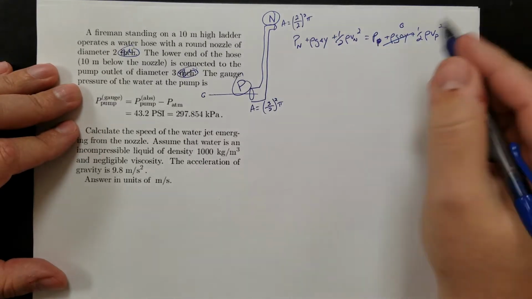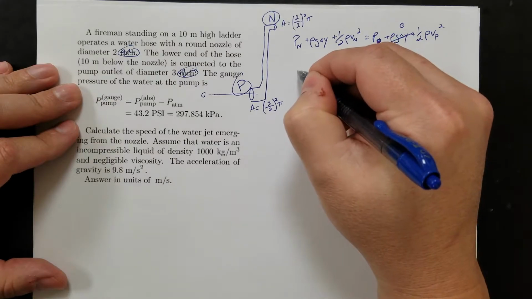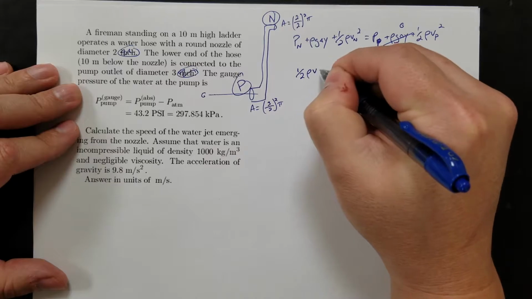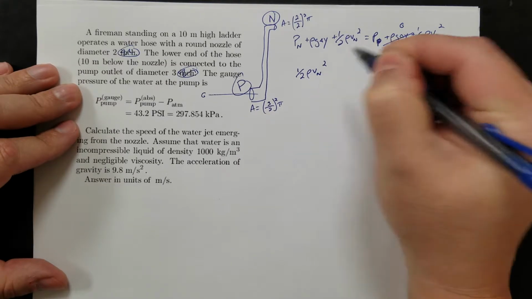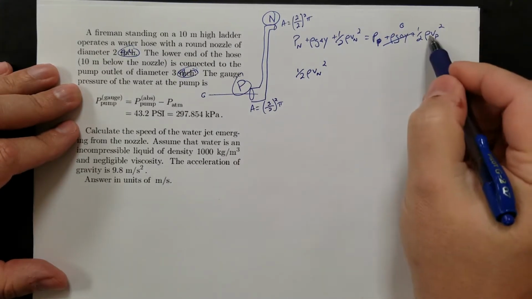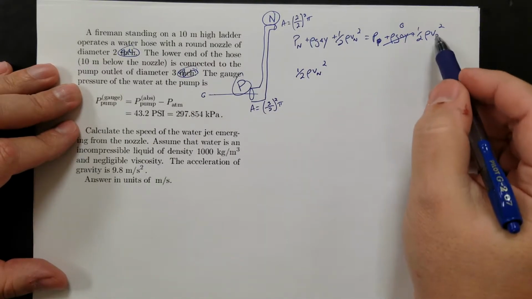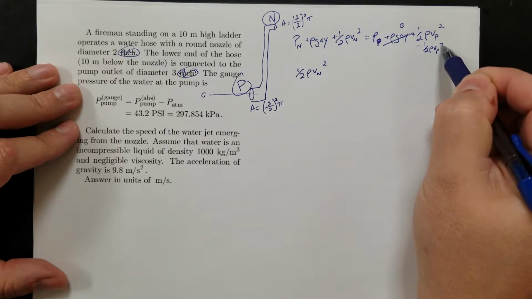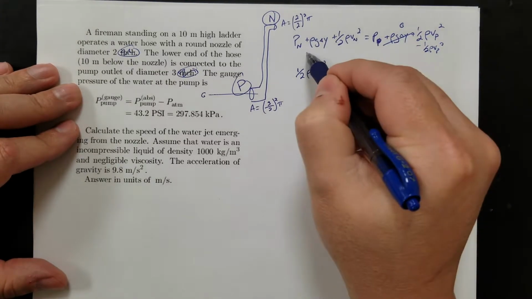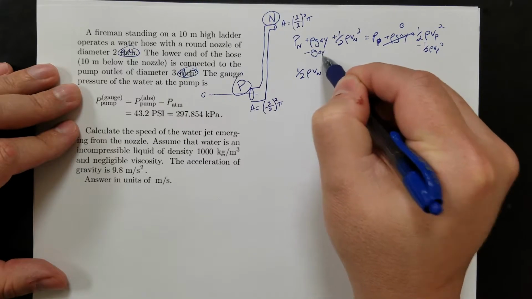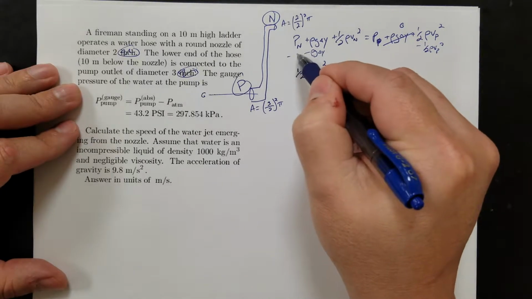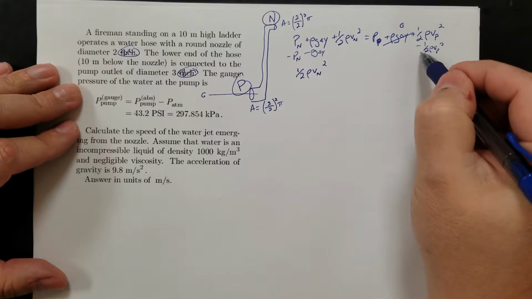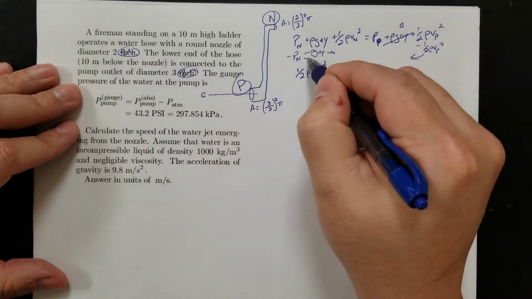That's going to give me 1/2 rho v nozzle squared. And I'm going to combine the velocities, so I'm going to subtract 1/2 rho v pump squared, and subtract rho g delta y over to the other side, and subtract the pressure from the nozzle, so I can get all the velocities on one side.